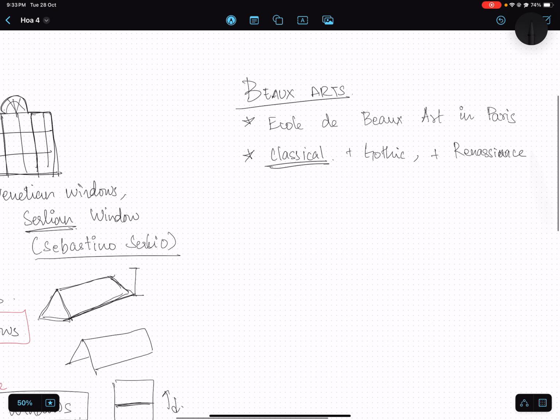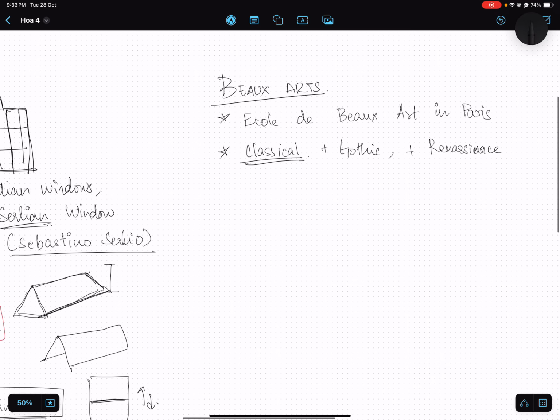And the idea of taking inspiration from different architectural eras, like taking one element from each era and combining them into a single building or a space, is known as eclecticism.